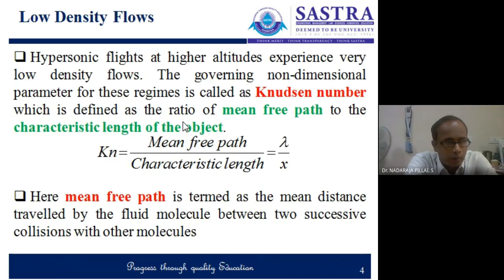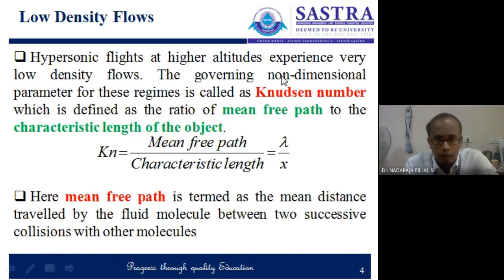At higher altitudes, hypersonic flights experience low density flows. Here, the governing non-dimensional parameter in this regime is called the Knudsen number.